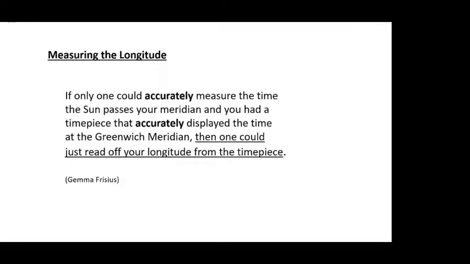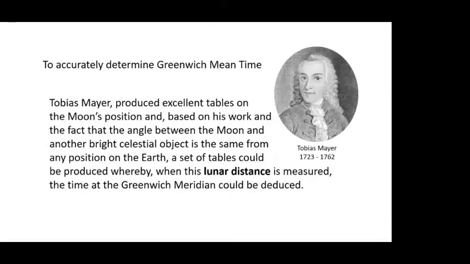Similarly, on the Earth's surface, you can measure longitude in hours, minutes, or seconds, and in fact, it was done in the good old days of the early 19th century in that way. To determine accurately Greenwich Mean Time, a gentleman called Tobias Meyer, his picture on the right, produced excellent tables on the moon's position.